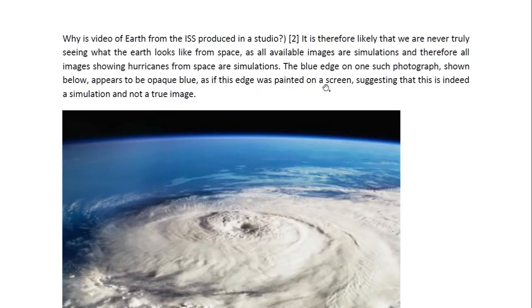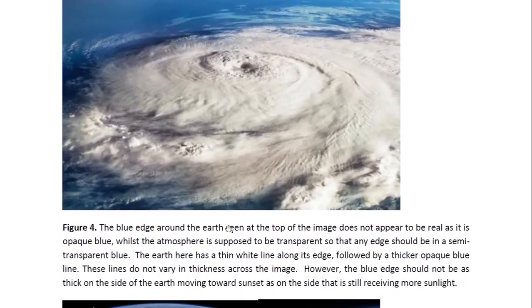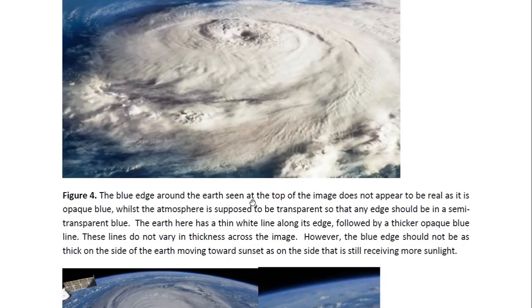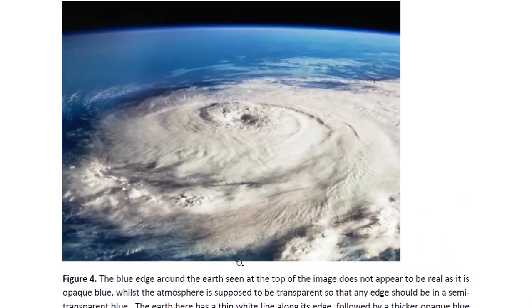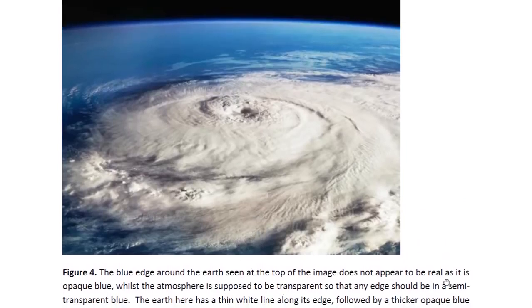It's as if the edge was painted on a screen, suggesting that this is indeed a simulation, not a true image. So again, the blue edge around the Earth here at the top of the image does not appear to be real. It is opaque blue, whilst the atmosphere is supposed to be transparent, so that any edge should be in a semi-transparent blue.